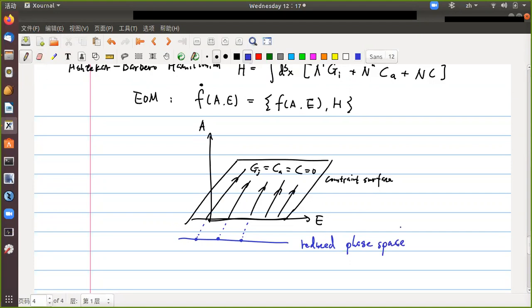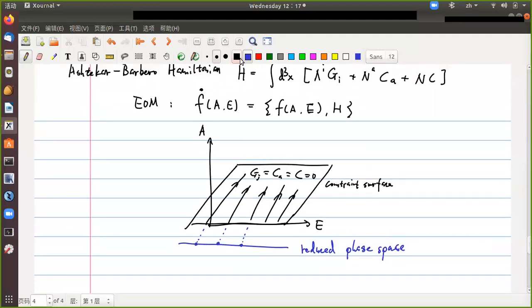You can also check by counting degrees of freedom as we did before: take the phase space A and E, count the dimension, remove the dimension of the constraints and of the gauge transformations, and you will end up with the dimension of the reduced phase space. You will find it has the same dimension as in ADM formalism, because that must be the same, otherwise it won't be consistent. I leave this as an exercise for you.